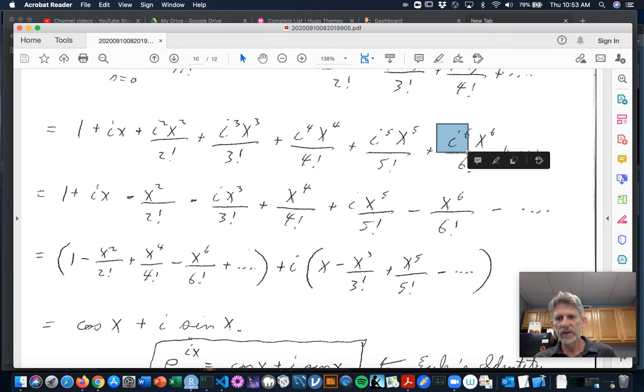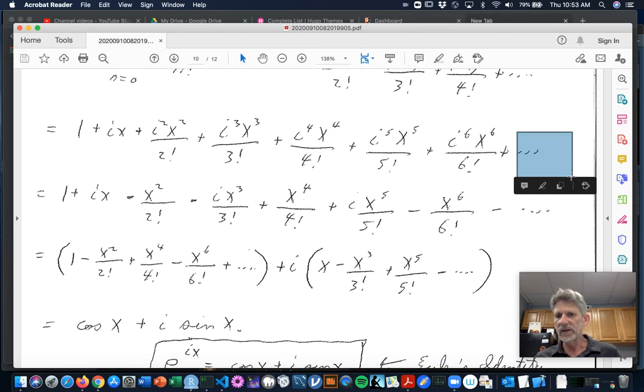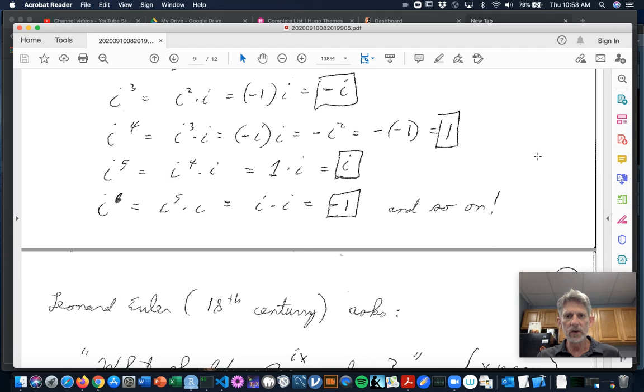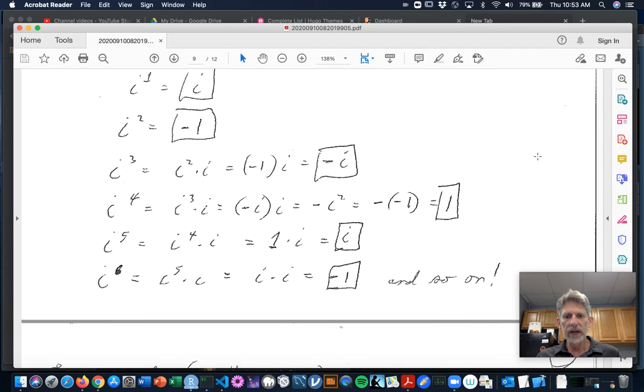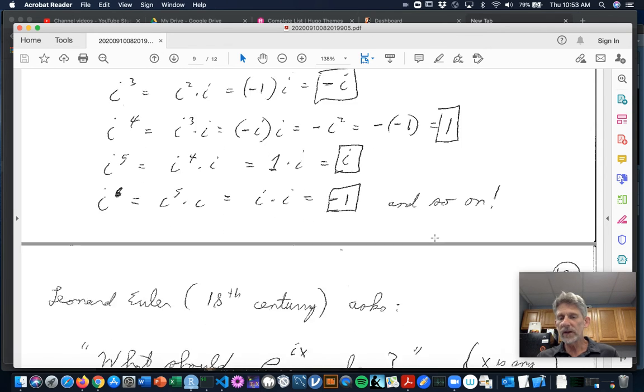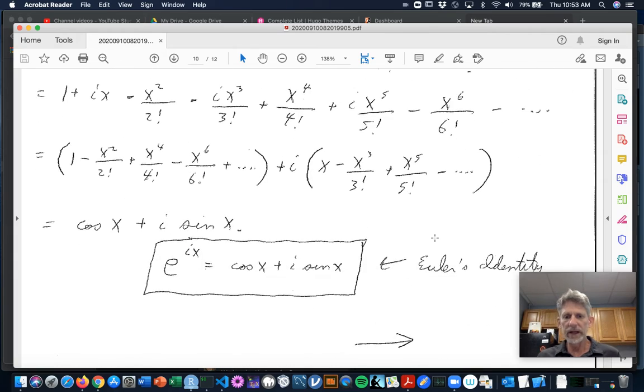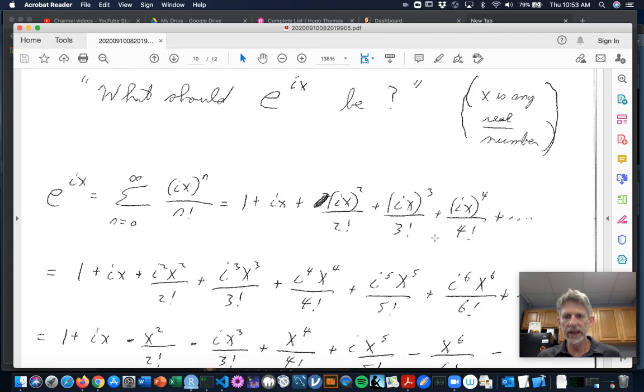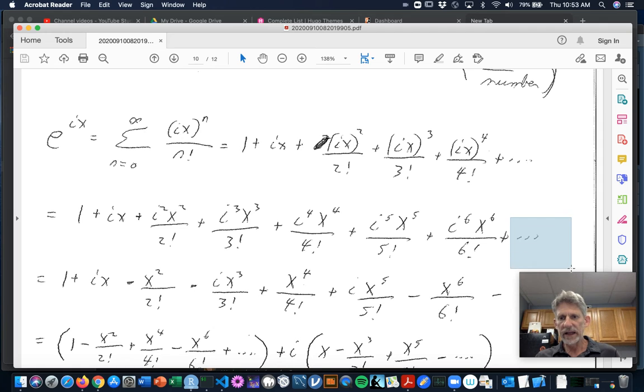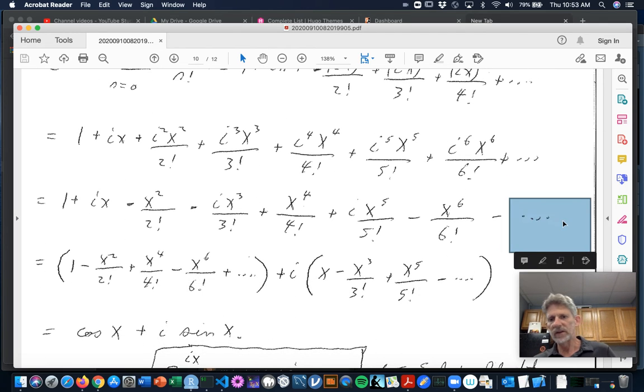The i to the 6th is a minus 1 again. And the next up would be an i to the 7th, x to the 7th over 7 factorial. But i to the 7th is going to be, continuing the cycle of 1, i, minus 1, a minus i. So there would be a minus i x to the 7th over 7 factorial there. And it would just keep on going.